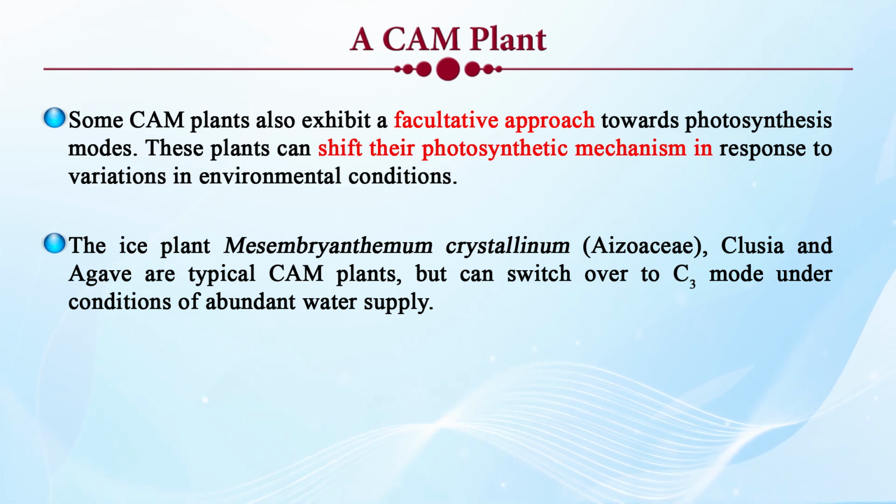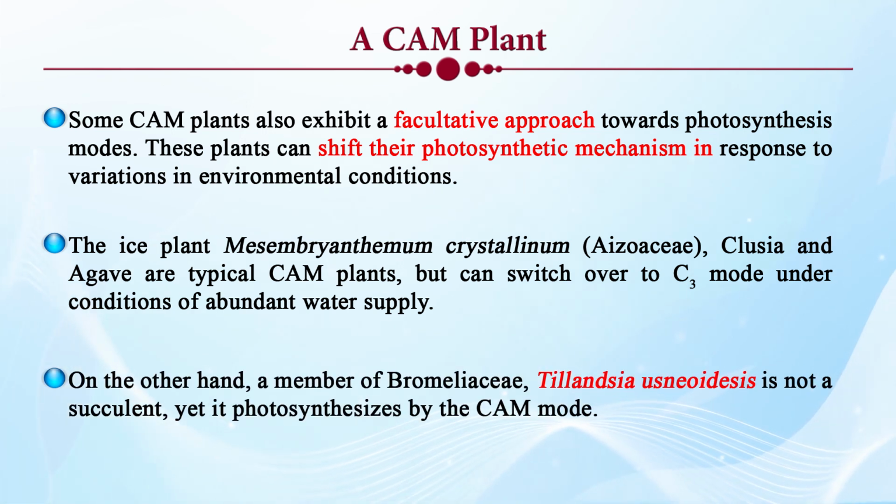Another interesting aspect is that a member of the family Bromeliaceae, Tillandsia species, is not a succulent. It does not store water, yet it photosynthesizes by the CAM cycle. So, that means it also must be present in conditions of severe drought.